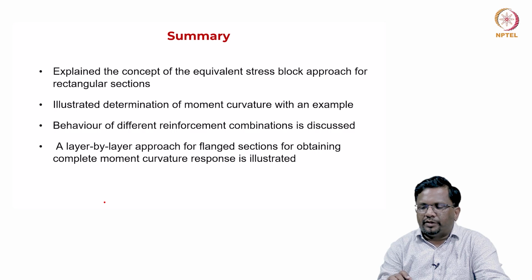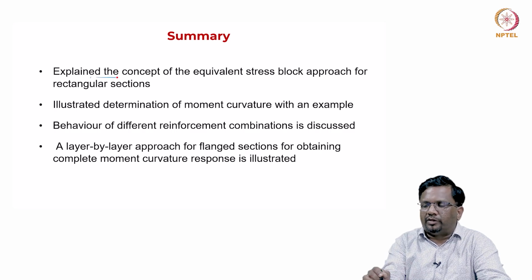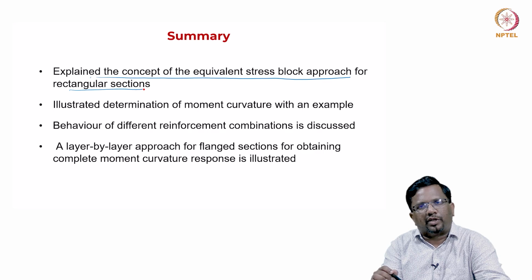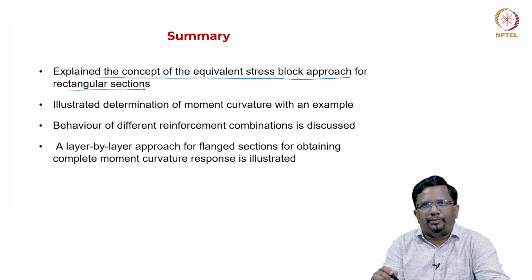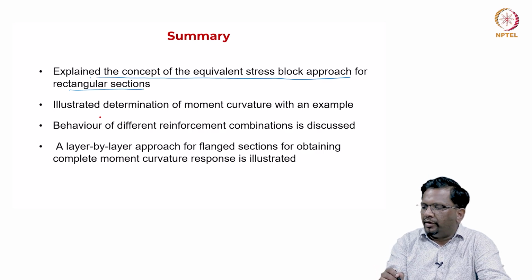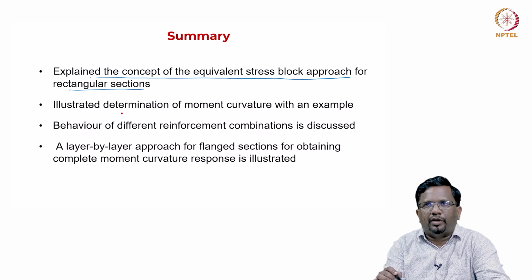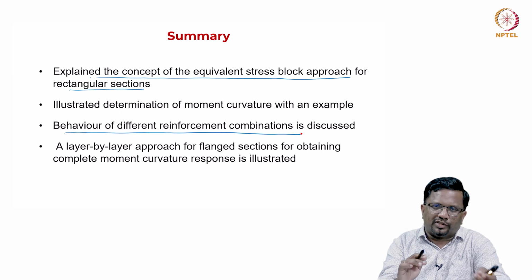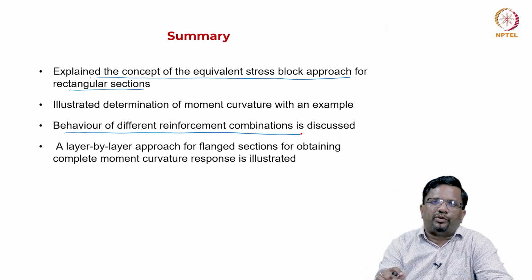So, let us summarize. We have explained the concept of the equivalent stress block approach for rectangular sections, how to use it for calculating the moment curvature behavior, and we illustrated how to determine the moment curvature with one example. We also looked at different combinations of reinforcement for the same cross section dimensions, and how each one influences the behavior.